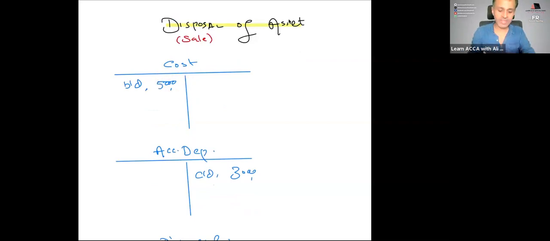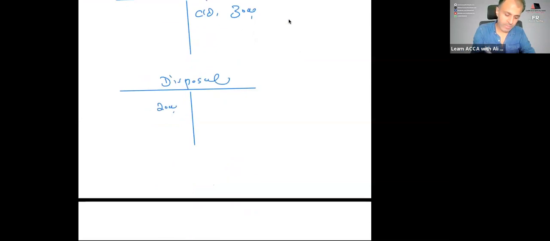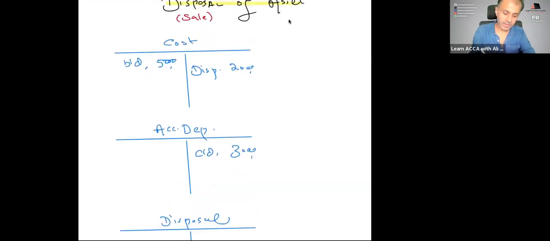So in the very first place, I will have to credit the cost account and debit the disposal account. This will make sure that the closing balance of the cost no longer has this in, since it's been taken out. It's been eliminated, written off.